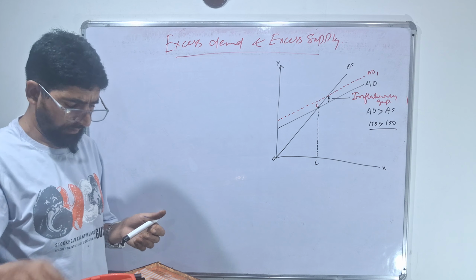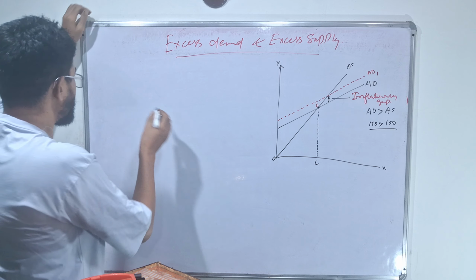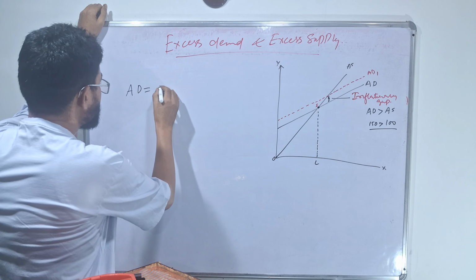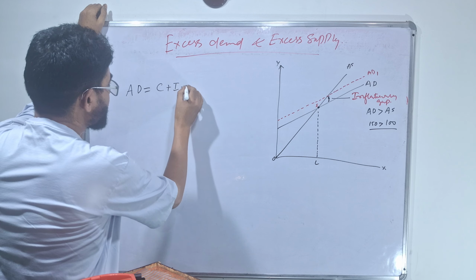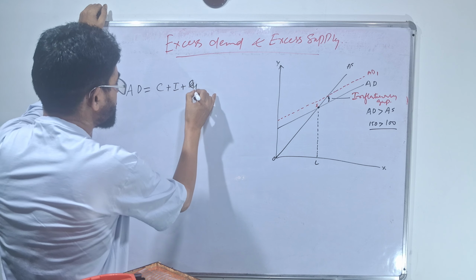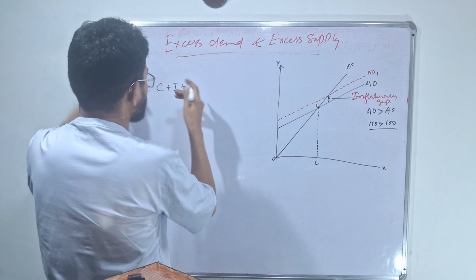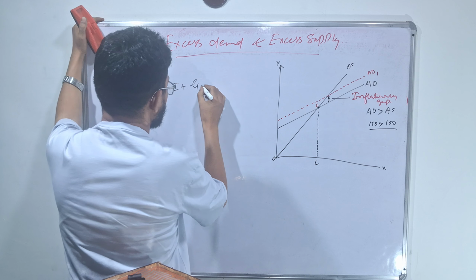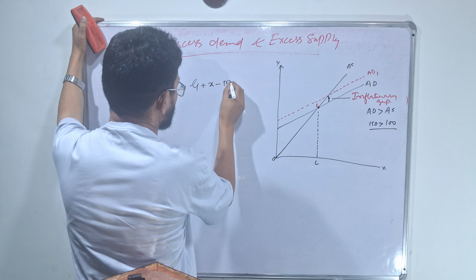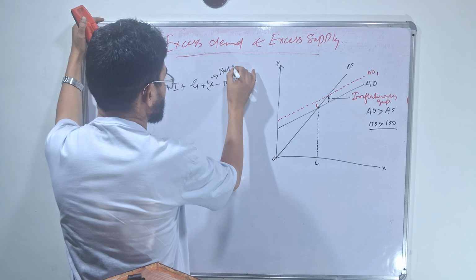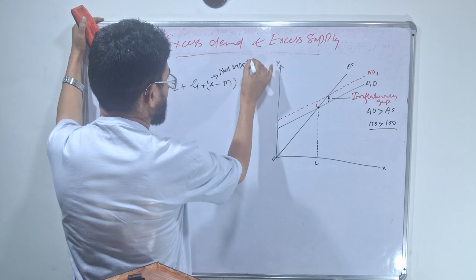How it arises, as I told you in previous lectures, aggregate demand is equal to C plus I plus G plus exports minus imports. This we call net exports.